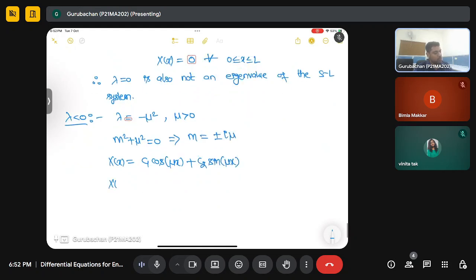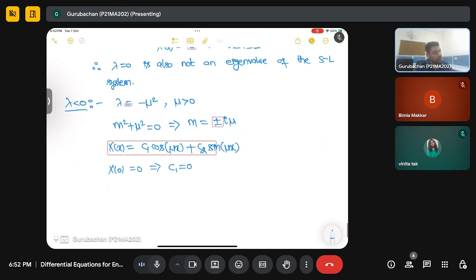Since X of 0 is 0, this will imply c1 is 0. Next is X of L is 0. This will imply c2 sin mu L is 0.